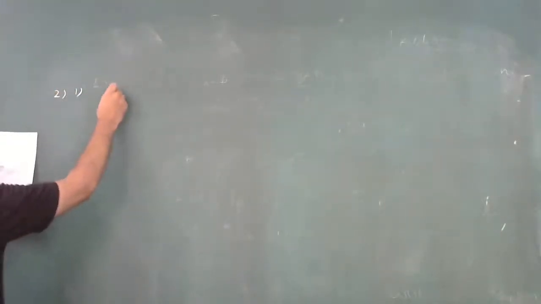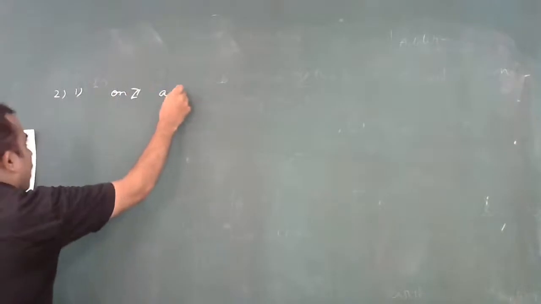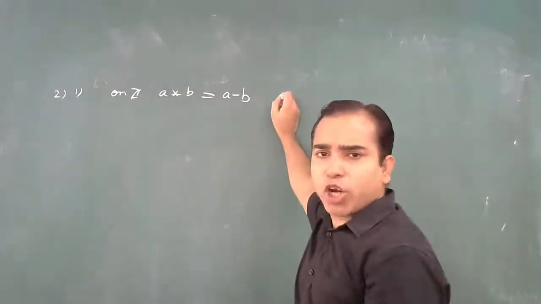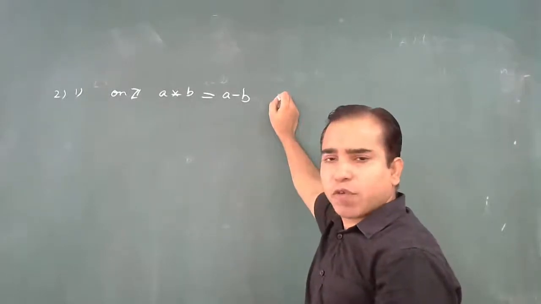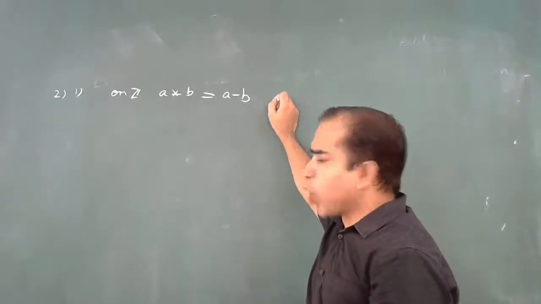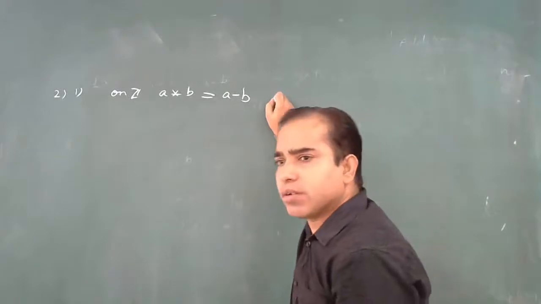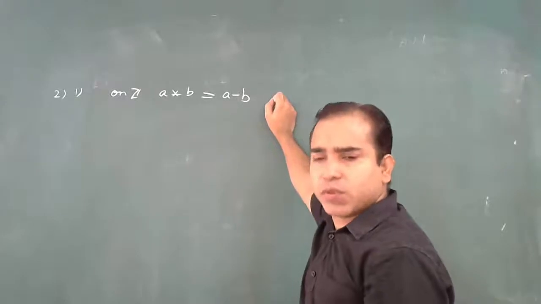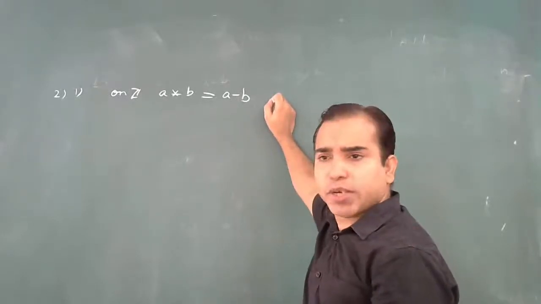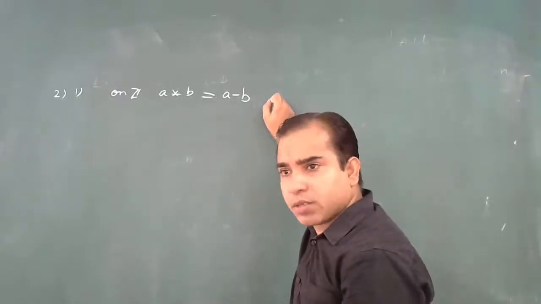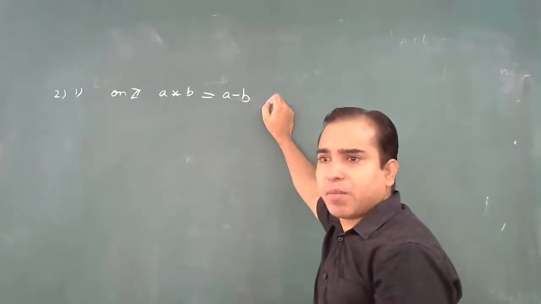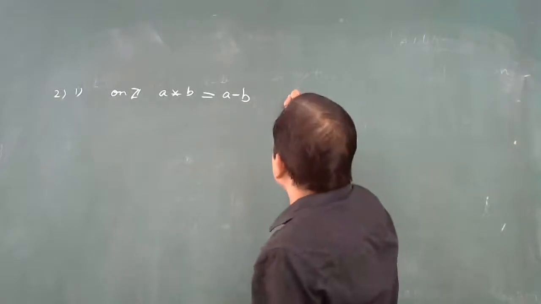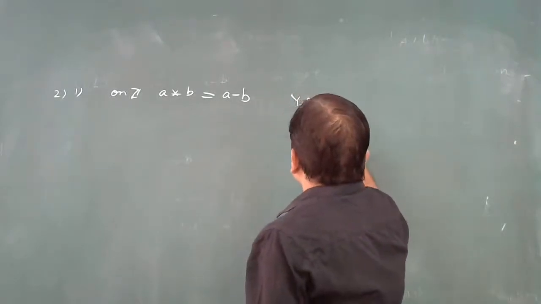Second question, on Z, A star B is equal to A minus B. Binary or not? The difference of two integers will always be an integer. Write your answer. Yes, it is binary.